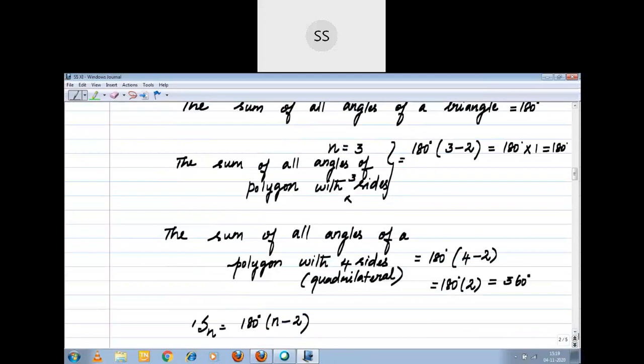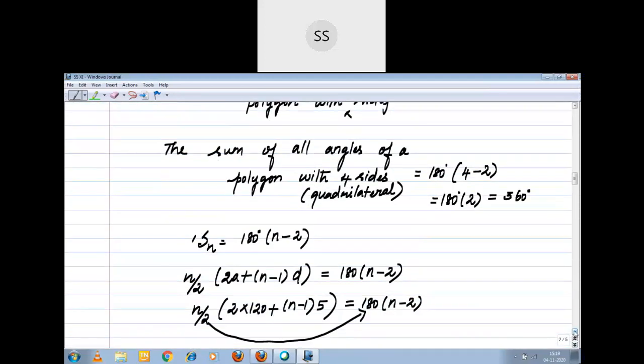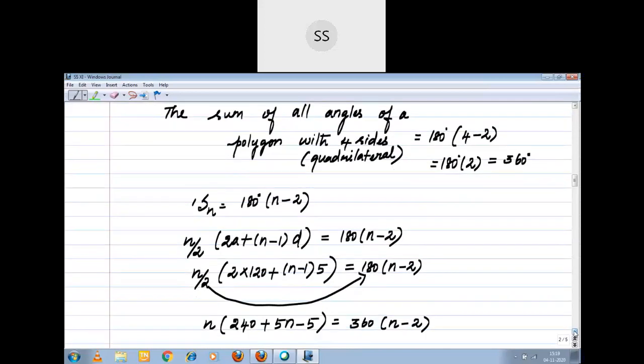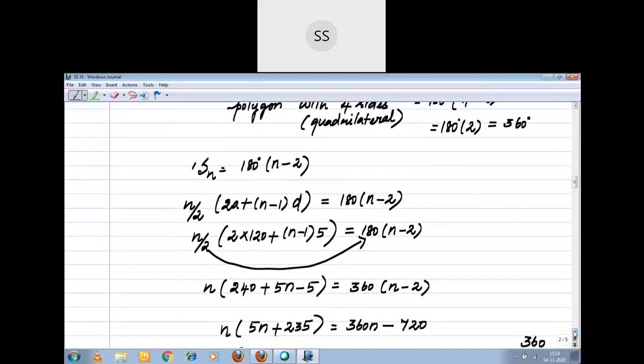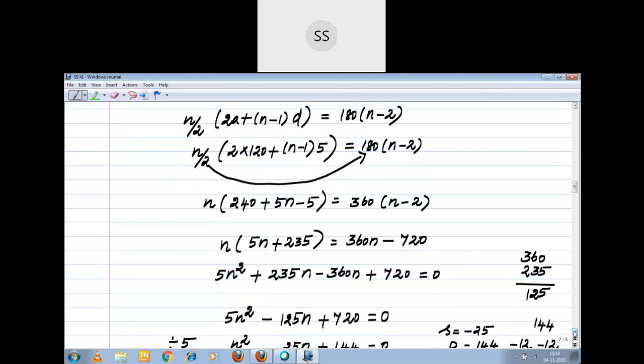Now, Sn equal to 180 into n minus 2. Then the Sn formula you applied, n by 2 into 2a plus n minus 1 into d equal to 180 into n minus 2. a is given as 120, d is given as 5, that you have substituted. Finally, you arrived at n into 5n plus 235 equal to 360n minus 720. Then you shift all the terms, you arrived at a quadratic equation. In that equation, everything is a multiple of 5.